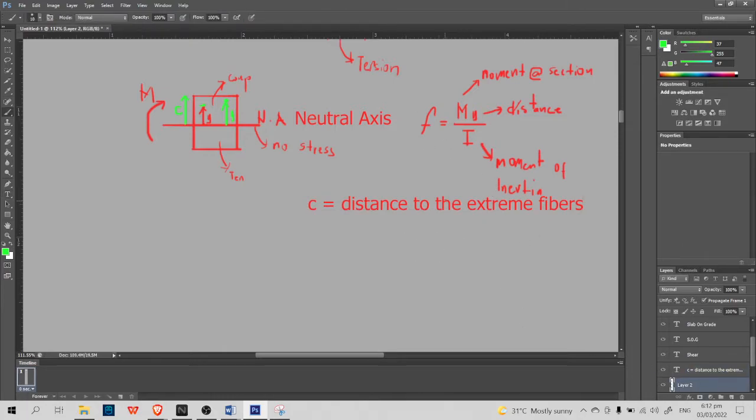Usually, itong formula na to is pinapalitan na MC over I. Meaning to tell that this is pertaining to the extreme fiber. So, meron siya compression, meron siyang tension. So, usually, CT and CC.